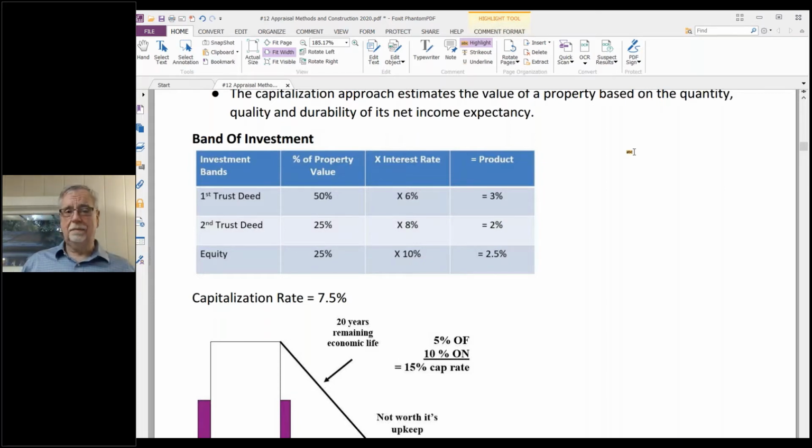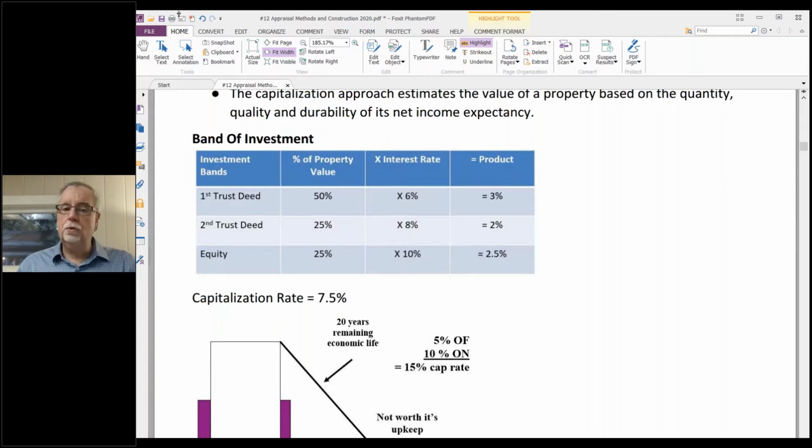The last to get paid is the owner. So if they're getting 8% and 6%, I want more than that because I've got more risk. The higher the risk, the higher the rate. I want 10%. 25% is producing 10%, overall 2.5%. And if you added those all together, you'd get 7.5%.